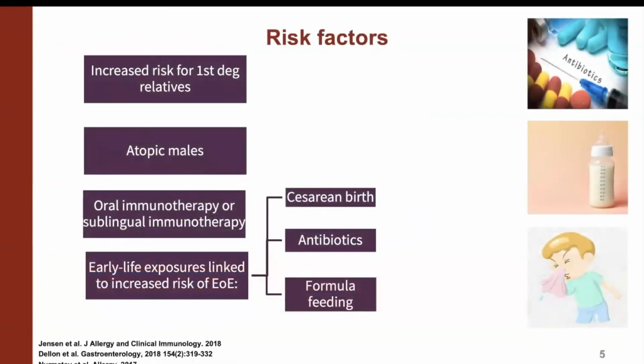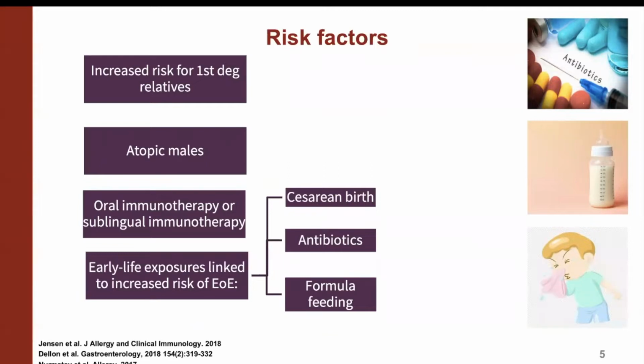There are certain risk factors that we've identified with EOE, and some of these include things like having a first degree relative with EOE, if you're male and you have a history of allergies or you're atopic, that could also be a risk factor.